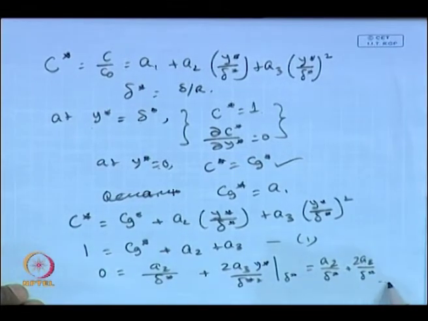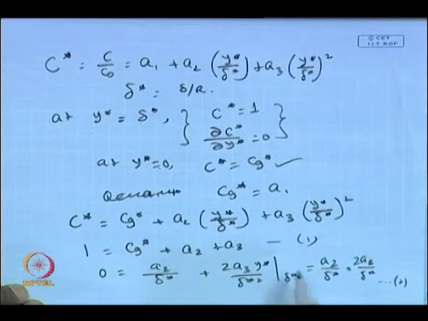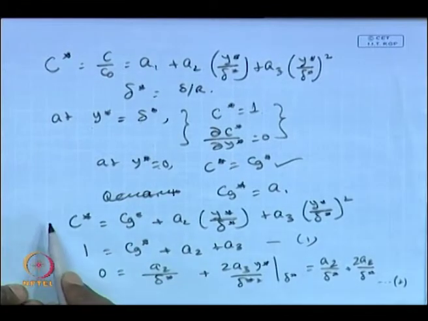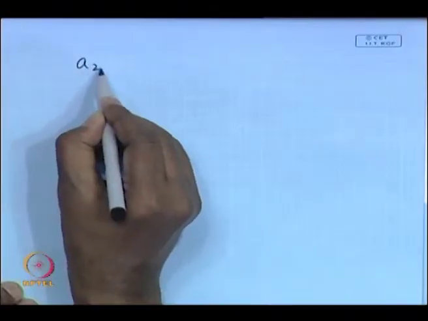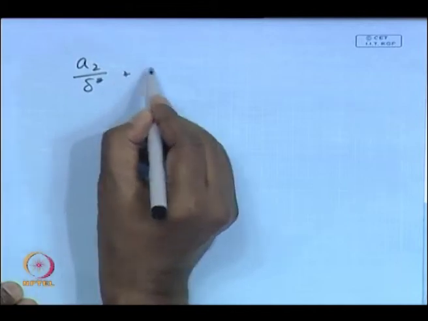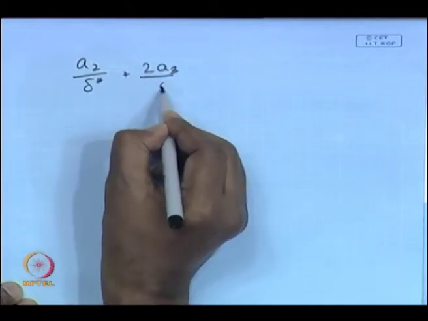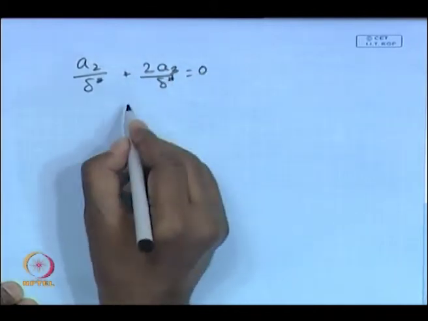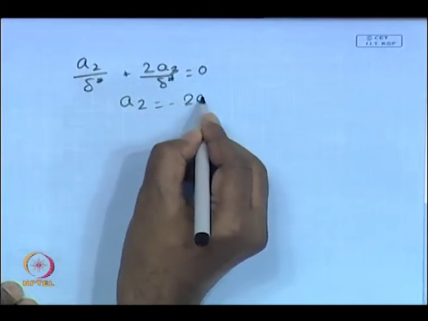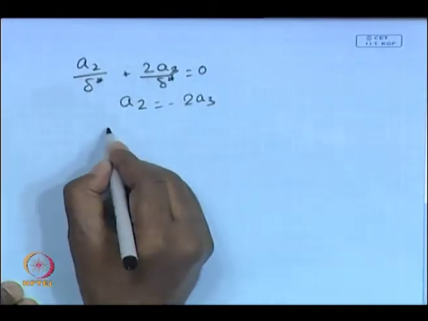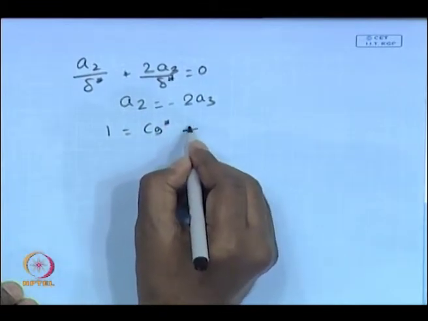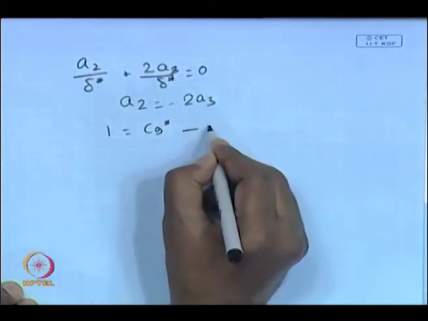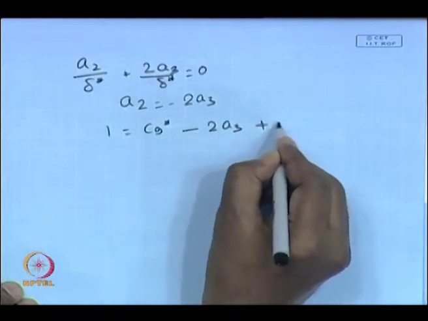Now, using these two conditions, you can get the concentration profile. So, A2 by del star plus 2A3 by del star will be equal to 0. So, A2 is equal to minus 2A3. And the other one is 1 equal to Cg star plus A2 plus A3, with A2 as minus 2A3, so minus 2A3 plus A3.